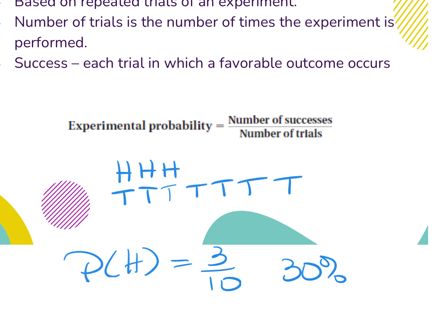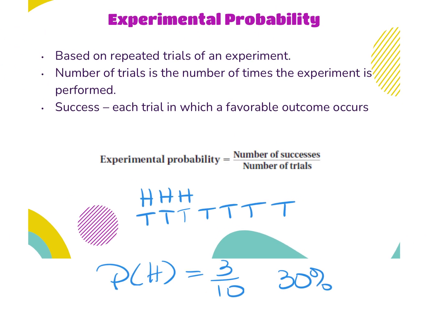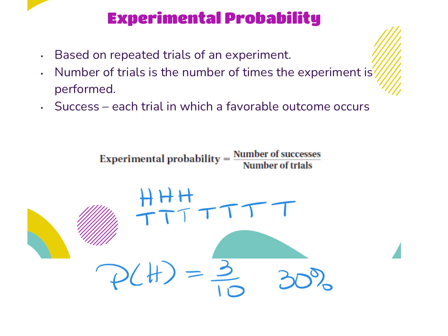But theoretically, it should have been half. So that's the difference when you're doing an experiment. You just keep repeating. The trials is the number of times you do the experiment. So in this case, the trials were flipping the coin, and I wanted to do it 10 times. The success is going to be how many times, or your favorable outcomes you were looking for.